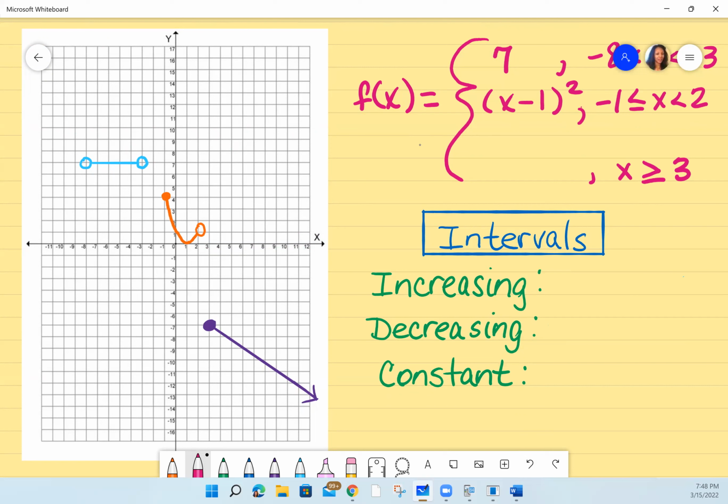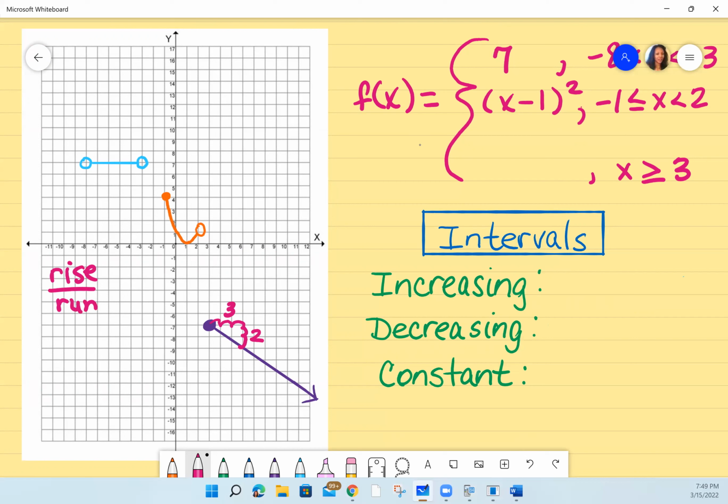So first, I want to look for the slope. The slope is going to start from that point. Well, that's the way I do it. 1, 2, 3, and then down 1, 2. Your slope is rise over run.